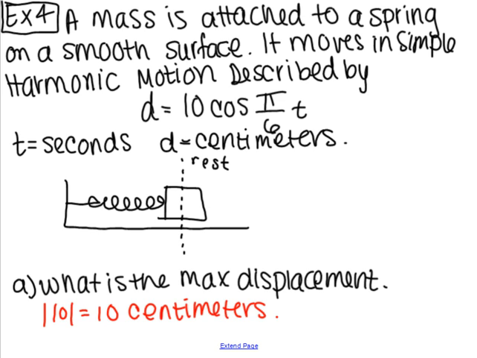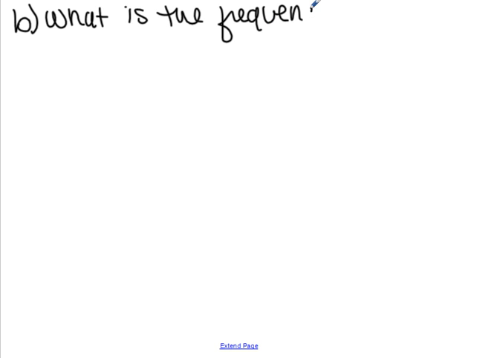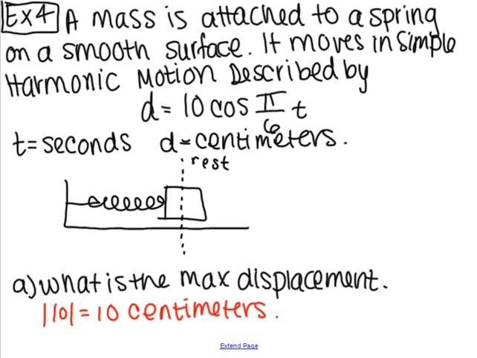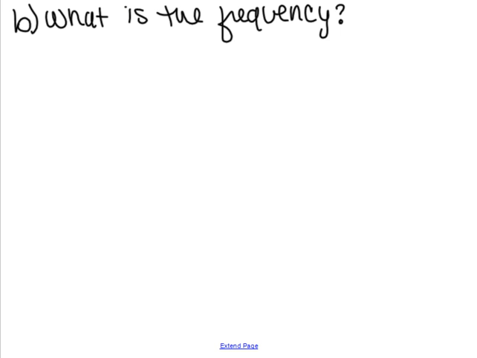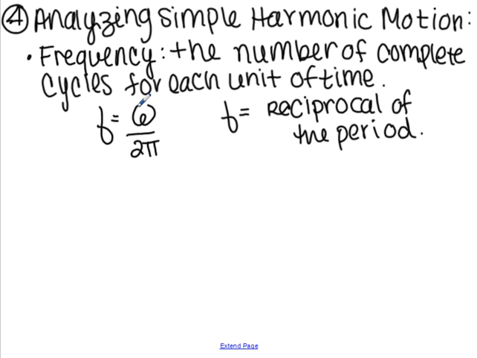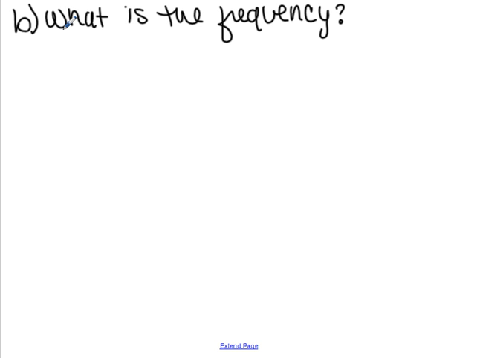Next, we want to find the frequency. Before, where did I define it? Right here. Omega over 2 pi. So frequency f equals omega over 2 pi.